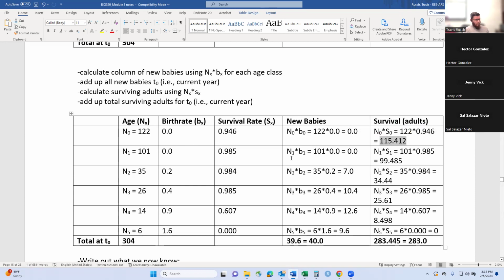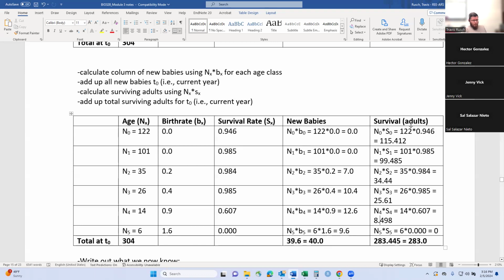Same thing here: out of the 101 1-year-olds, 0.985, or 98.5%, survived, so we end up with 99 point something. And so on. For 2-year-olds, 34 survive; 3-year-olds, 25; 4-year-olds, 8; and for the 6-year-olds, none of them survived, so nothing made it to age 7.